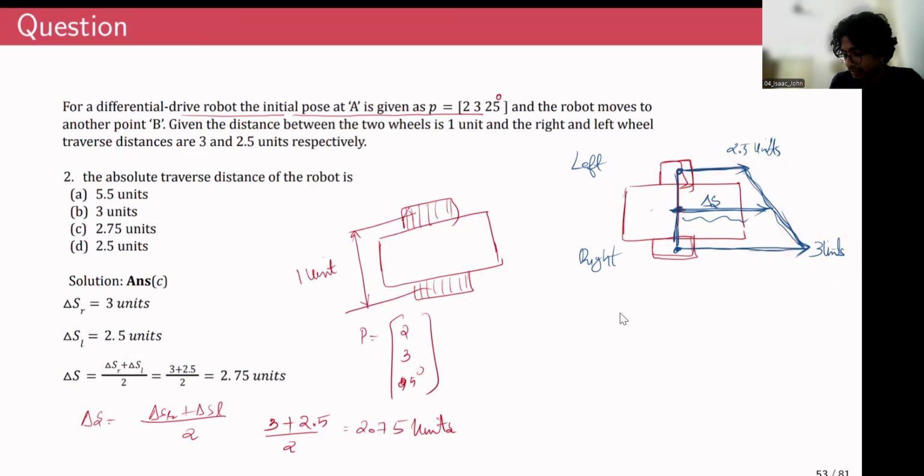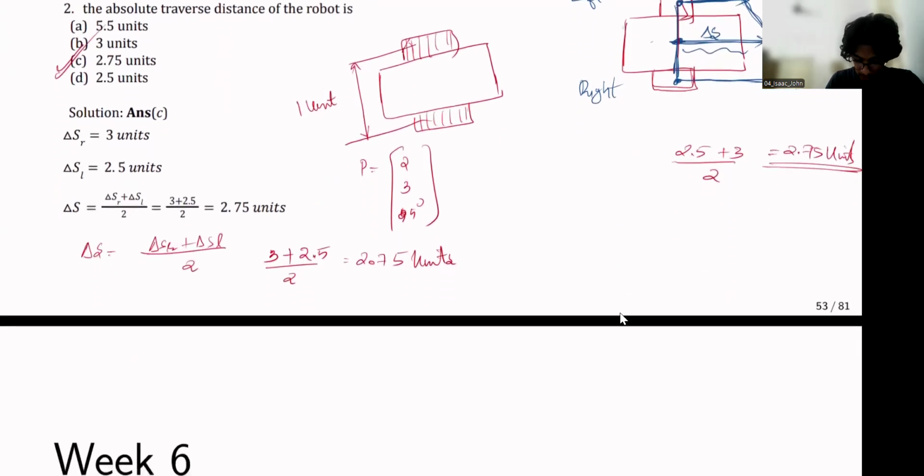And delta S is nothing but the height of this trapezium at its midpoint. The midline of a trapezium is (2.5 plus 3) by 2. So that would essentially give you 2.75 units. Right? Yeah, so that's about it.